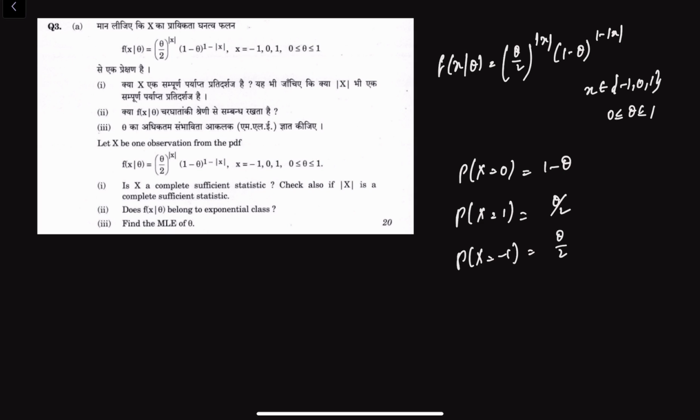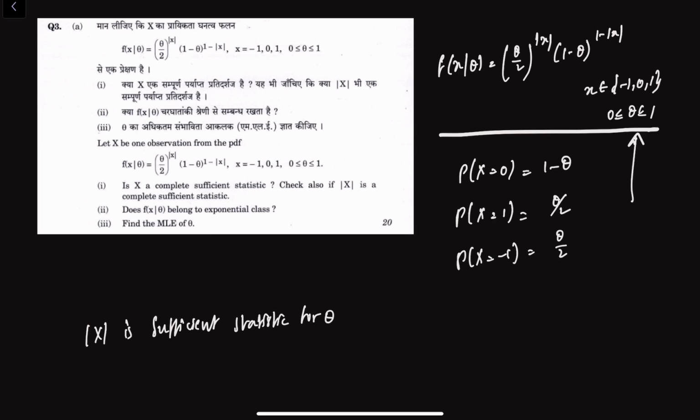If we look at this entire PMF, the probability mass function depends on the sample only through mod x. So by using the factorization theorem, we can say mod x is a sufficient statistic for theta, because if we find the likelihood function, it factorizes as a function of mod x and theta times a function which does not involve theta.